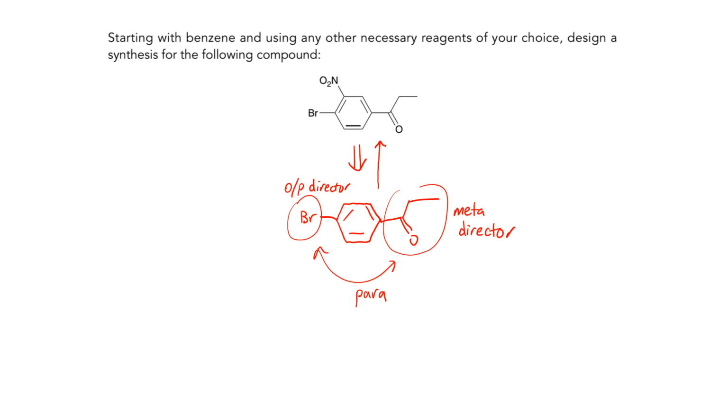So it makes sense, given that these are para to each other, to first install an ortho-para director, to then be able to get the other group para. So we need to do bromination first. Install the Br as an ortho-para director to then get the second group on there, and then finally do a nitration to get the NO2 on. So why don't we draw that scheme now that we figured that out?